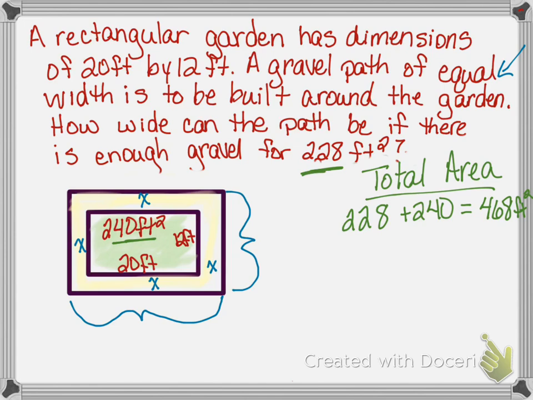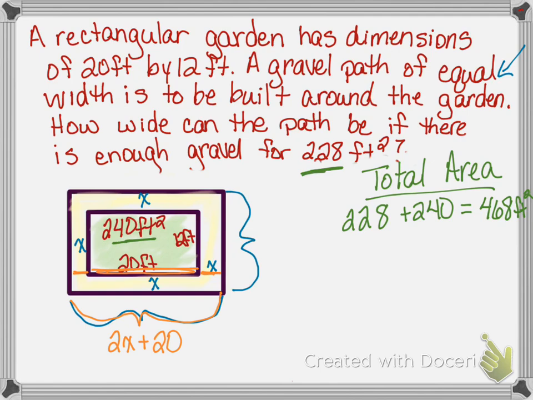The smaller rectangle is how wide or how long? Then what is this distance right here? What are we representing it as? X. And what is this distance right here? X. So can I say this length is 2x plus 20? Is that an accurate statement?